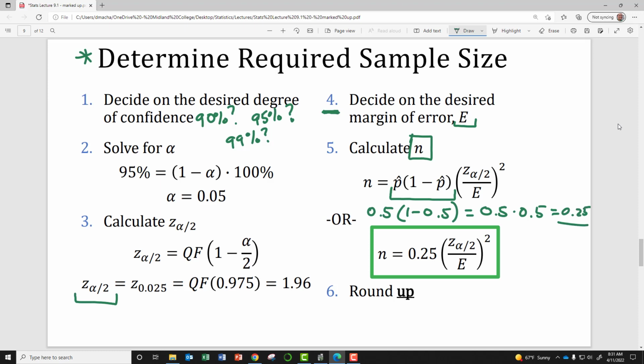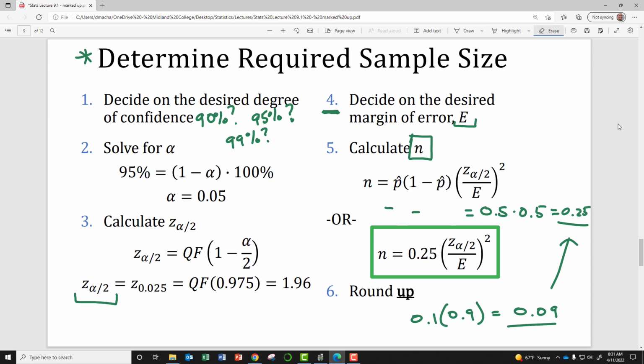If you choose any other value for p hat here, like p hat as 0.1, that'd be 0.1 times 1 minus 0.1, which is 0.09, right? That's clearly smaller than 0.25.